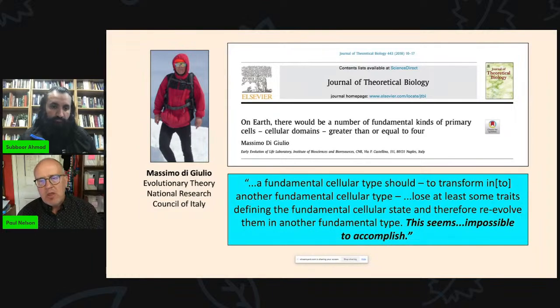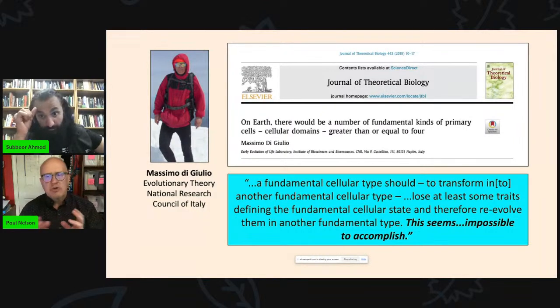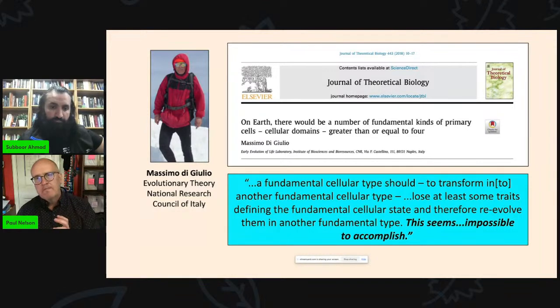So in this paper in the Journal of Theoretical Biology 5 years ago, he said, if you began with what he calls a genote, I'm not quite sure how to pronounce the word. That is a cell that has more or less the properties that we associate with cells today. The contrast class to a genote is a progenote.